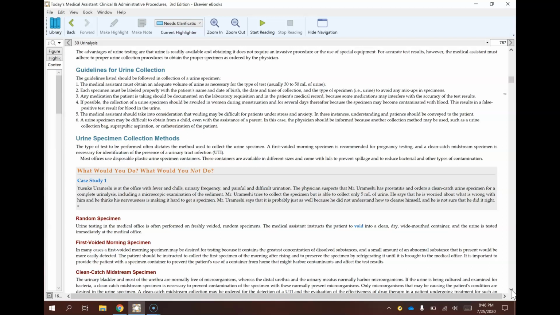Mr. Urameshi says that it is probably just as well because he did not understand how to cleanse himself, and he is not sure that he did it right. So that's something you can think about as we're going through this unit. And I will be asking about it later on in this chapter.